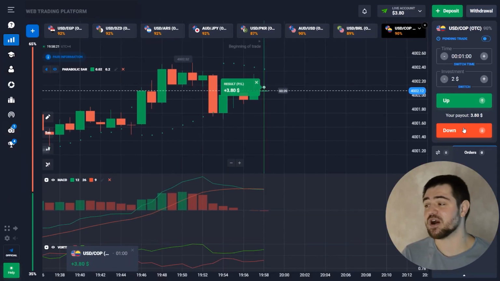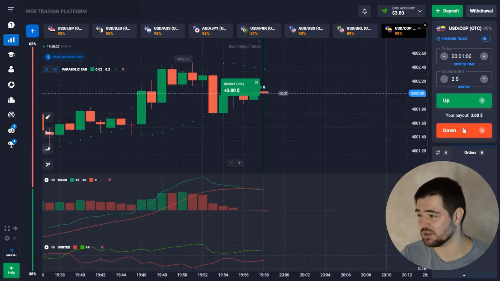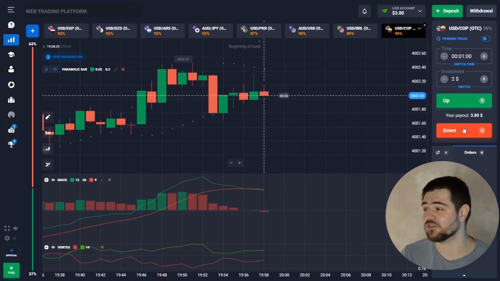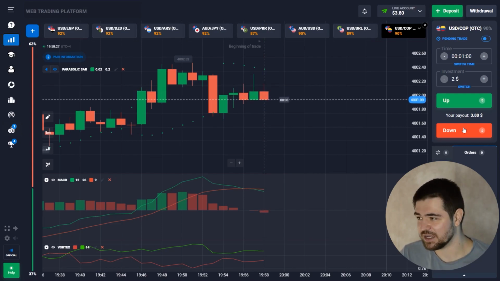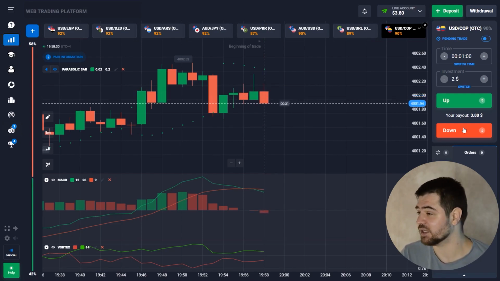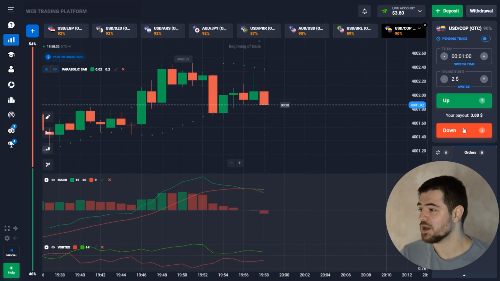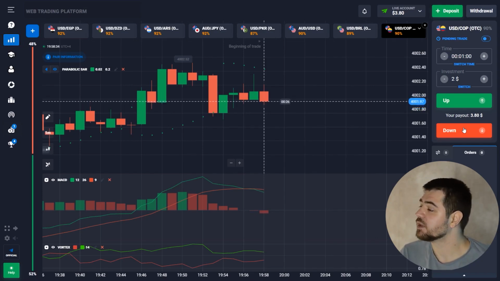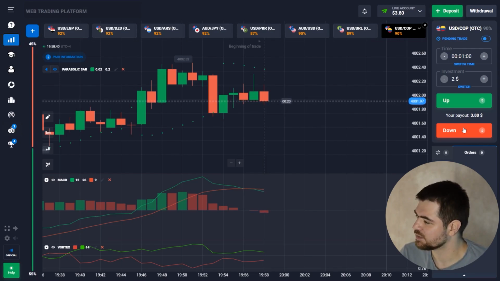Here's our first profit. It's not huge, as we started with a small amount, a couple of dollars, but we'll get there. I'm just looking, should I continue on this one or not?